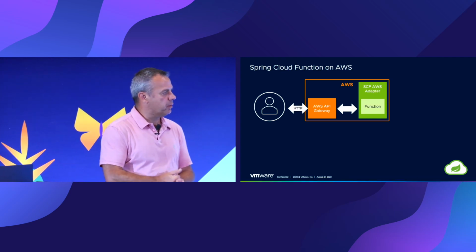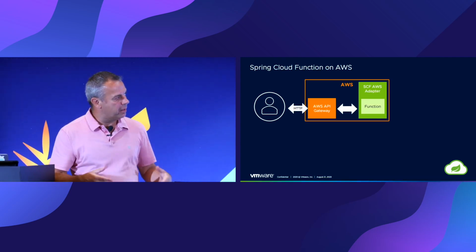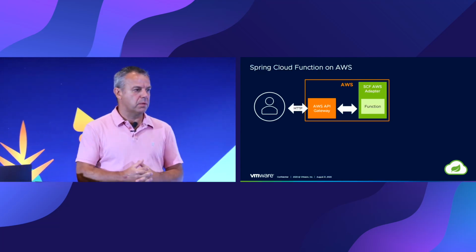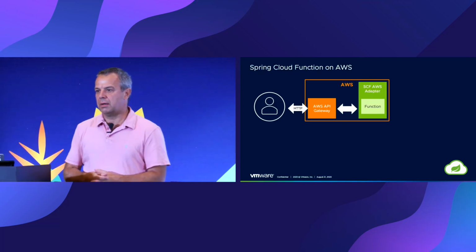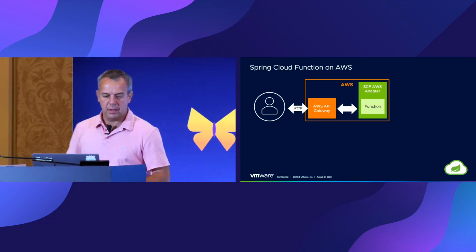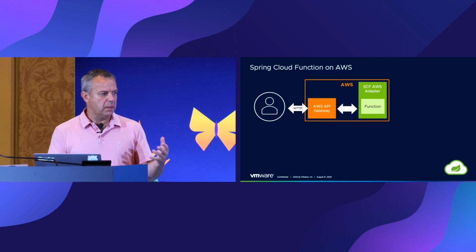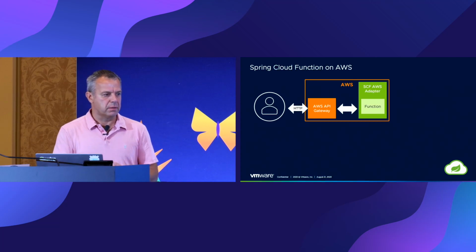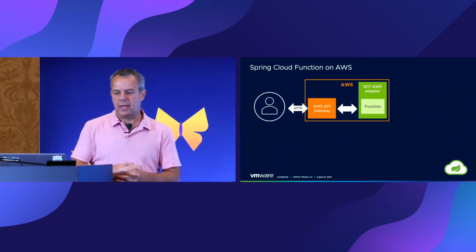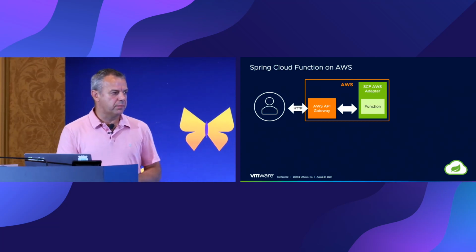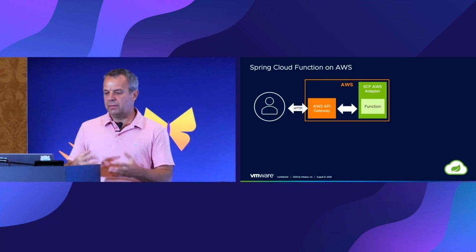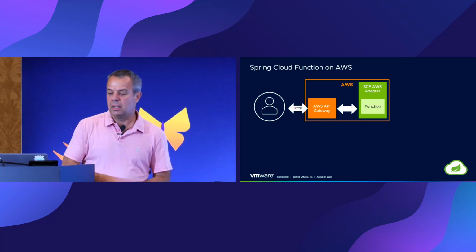HTTP API gateway is one of the ways to expose AWS Lambda to the outside world. And in this case, what you see is that the user invokes an HTTP endpoint exposed via API gateway, and that in turn invokes the function via the provided Spring Cloud Function adapter.